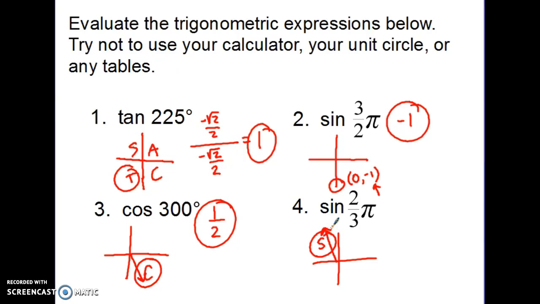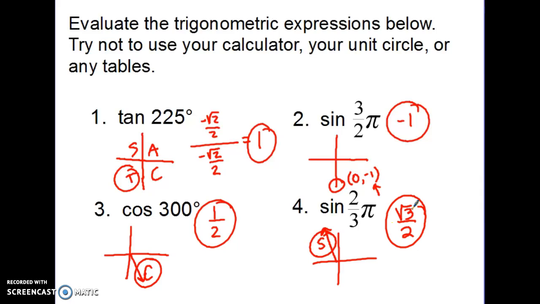It's 120 degrees right there. If you're talking about sine, are you wanting x, y, or y over x? The y value. So what's the y value of that angle right there? Square root 3 over 2. Okay.